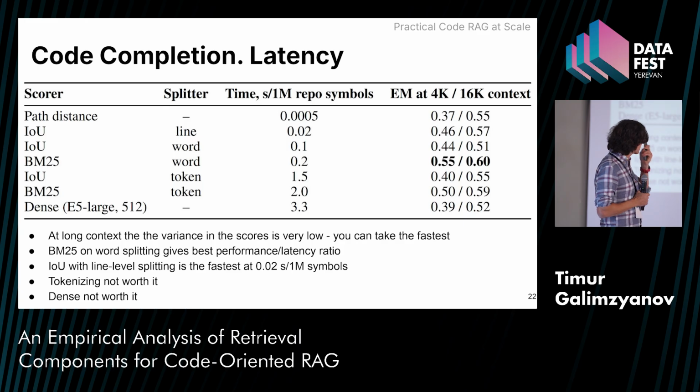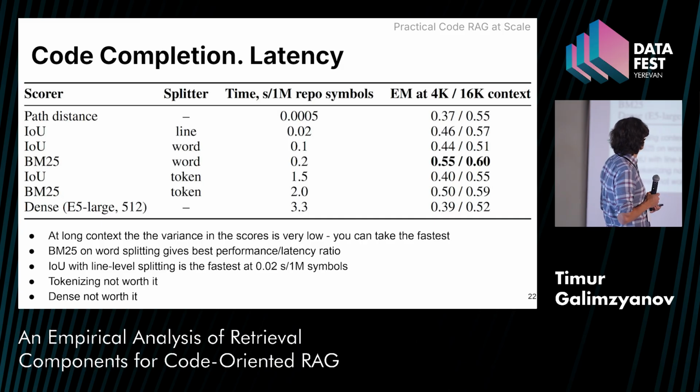Another interesting thing is the latency for the completion task on the dense and sparse approaches. First of all, you should know that for large context, which is 16K, the variance between the scores is pretty low.